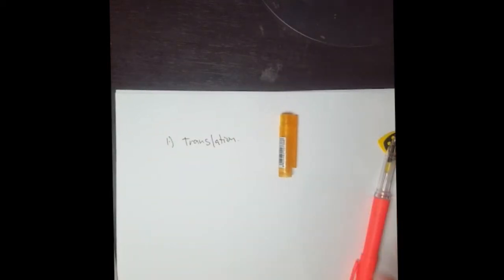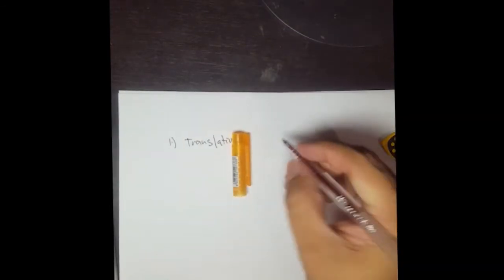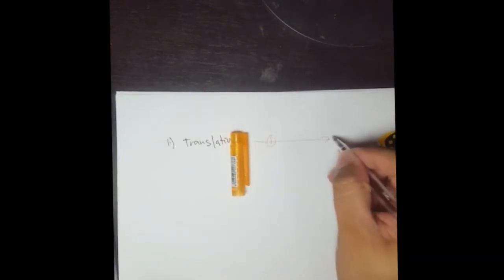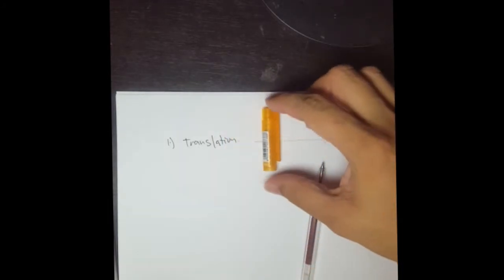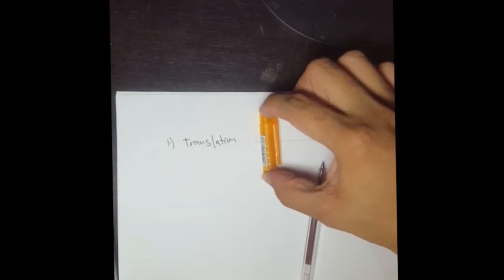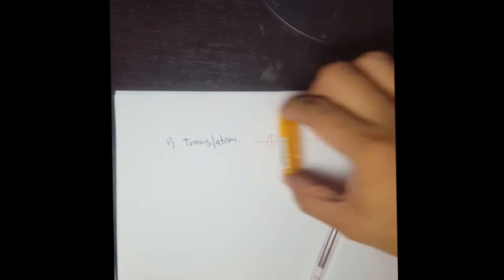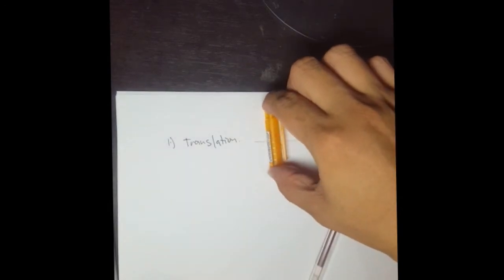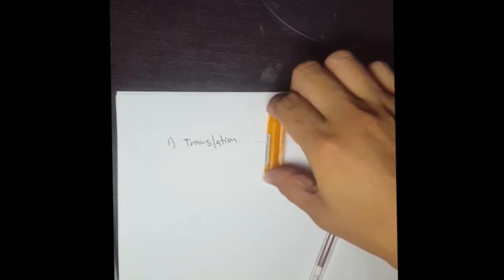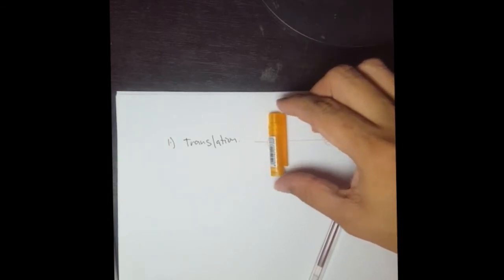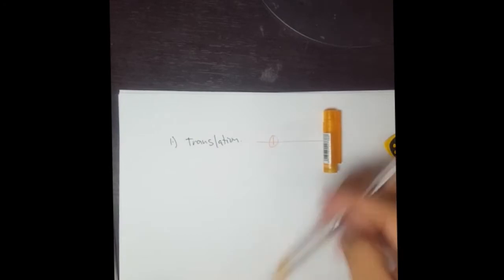So let's say this is our rigid body. It moves from point 1 to point 2. Take note, it translates, but throughout its motion it doesn't rotate. Notice that it's still vertical.